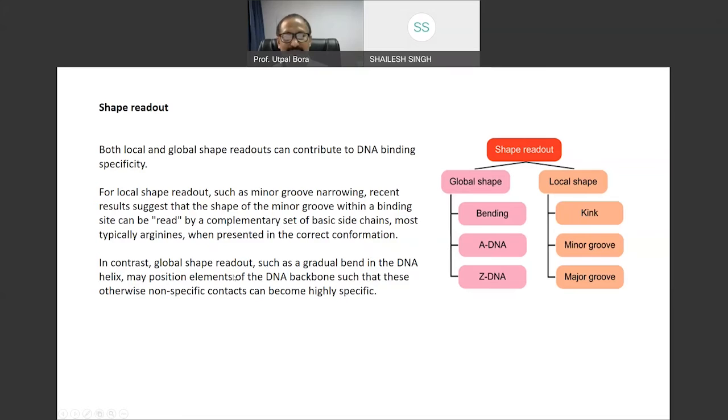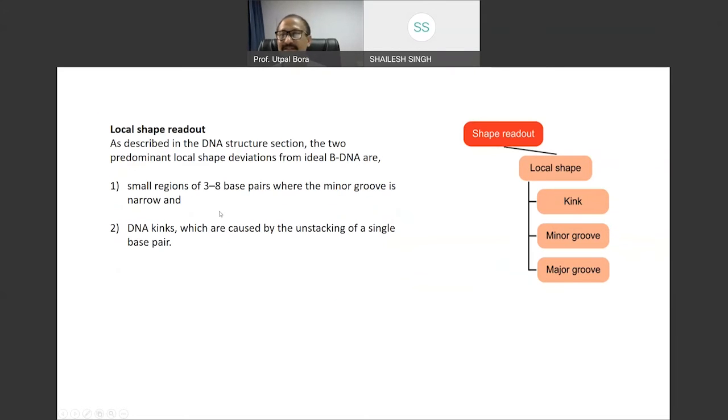In contrast, global shape readouts such as a gradual bend in the DNA helix may position elements of the DNA backbone such that these otherwise non-specific contacts can become highly specific.